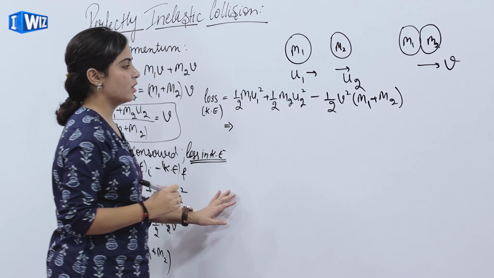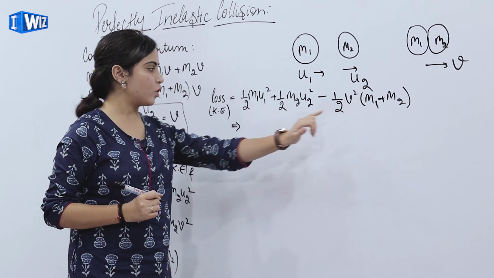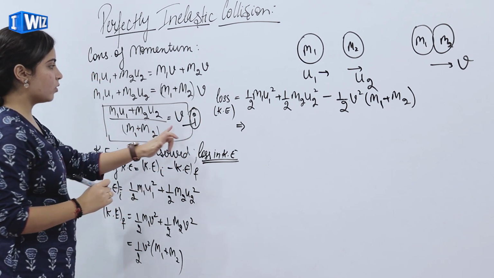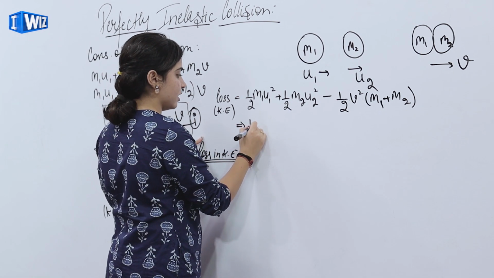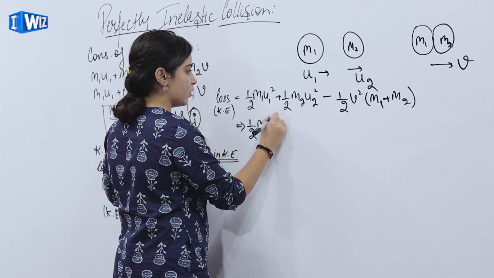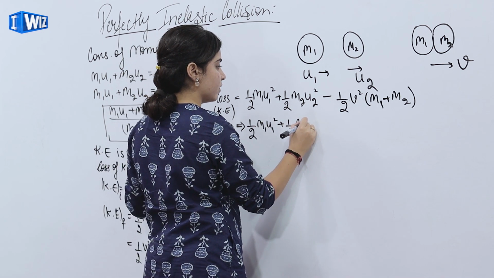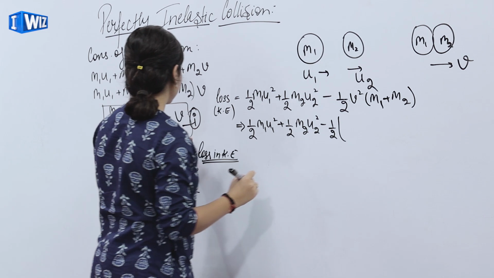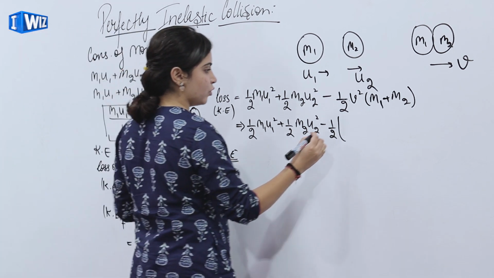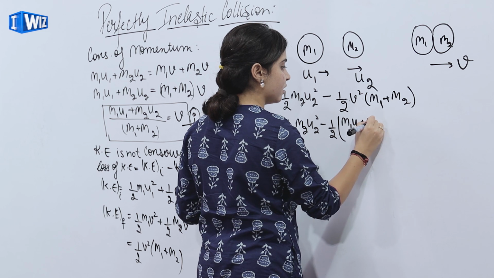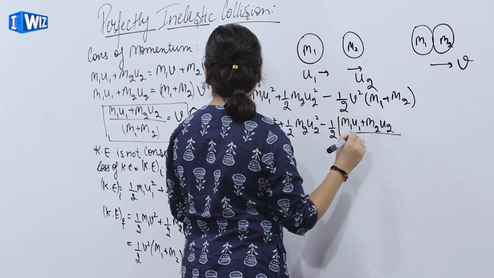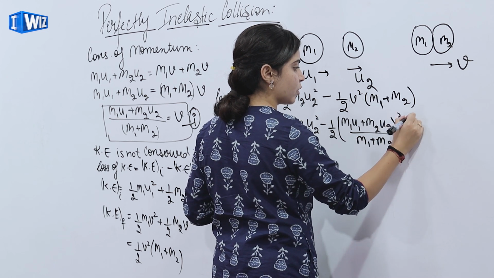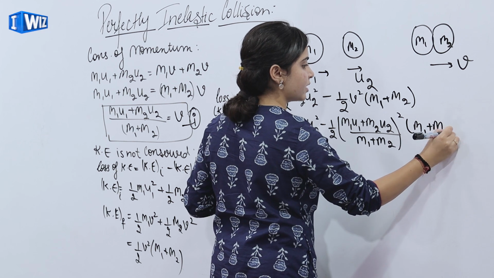Now substituting the value of v from equation 1, we get half m1 u1 square plus half m2 u2 square minus half, what is v? ((m1 u1 plus m2 u2) upon (m1 plus m2)) whole square into (m1 plus m2).